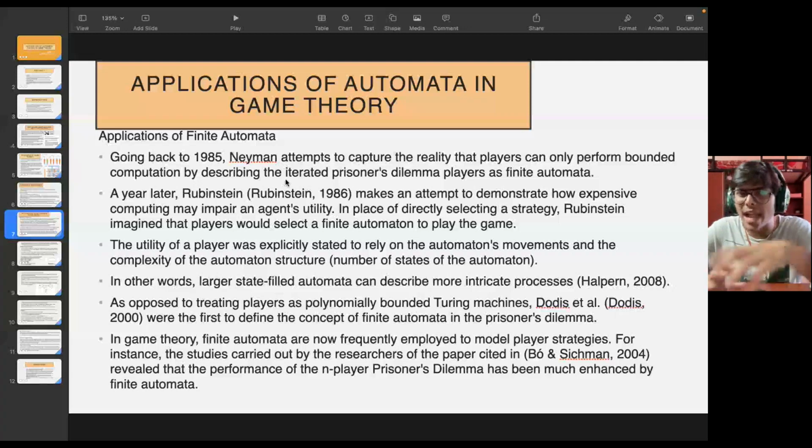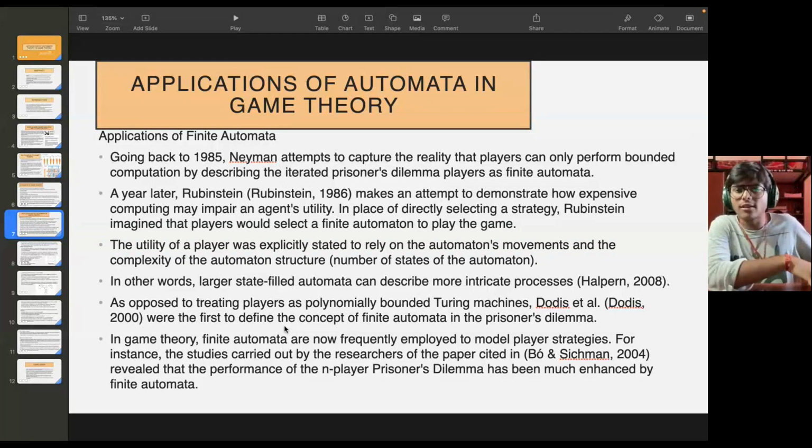In place of directly selecting a strategy, Rubinstein imagined that players would select a finite automaton to play the game, right? The utility of a player was explicitly stated based on the automaton's movements and the complexity of the automaton structure, that is the number of states of the automaton. In other words, a larger state automaton can describe more intricate processes.